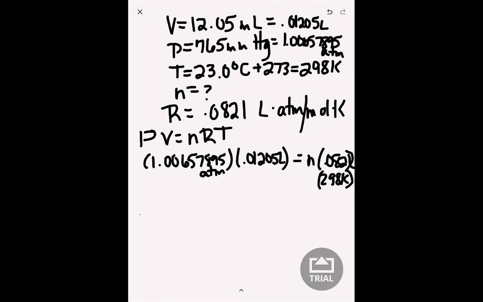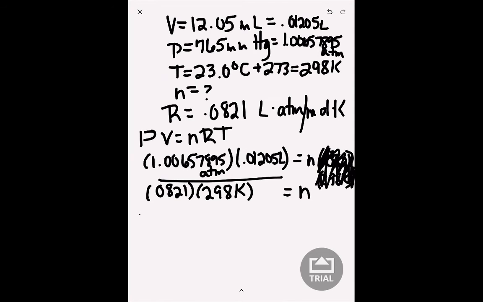Okay, so to solve for n, we're going to have to divide both sides by 0.0821 times 298. Okay, and so those will be gone, and this will be equal to n.